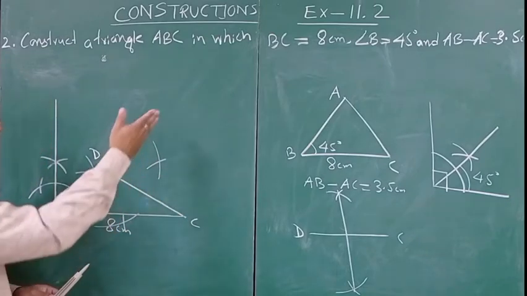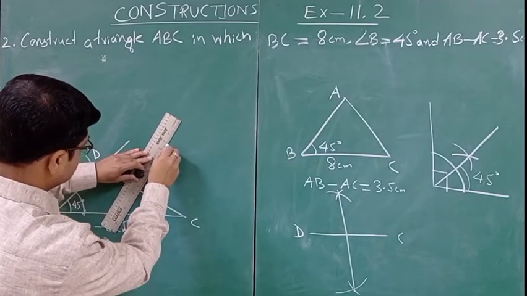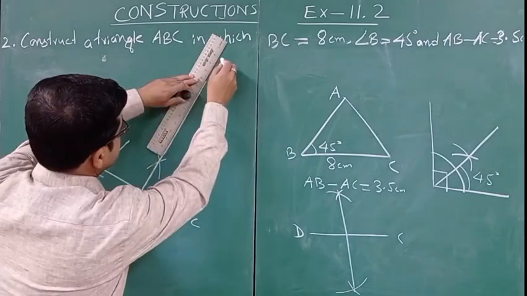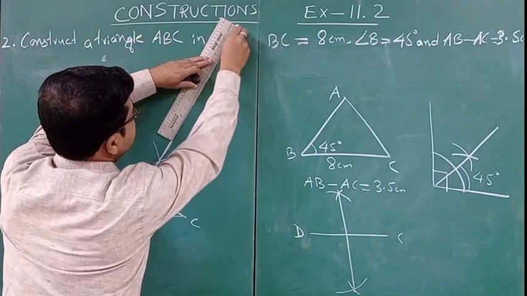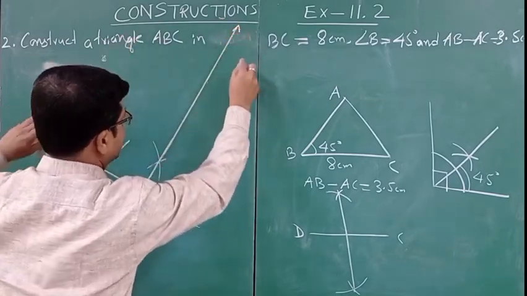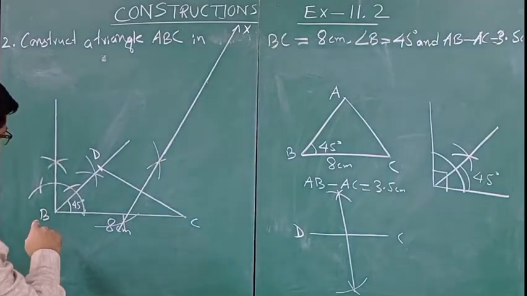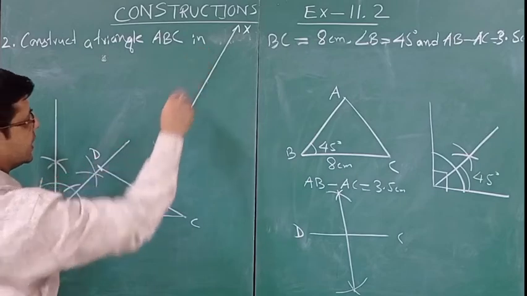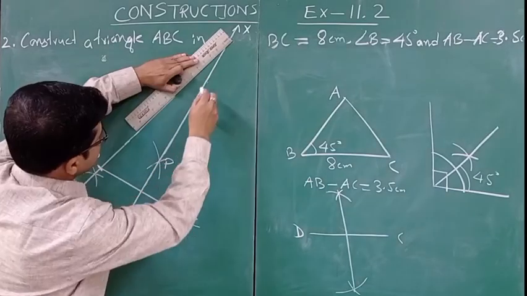Okay, now we shall produce it. Let us join it. Let us produce up to this much. Okay, so this is X. Now what we do, let us produce BD so that it intersects this line. Suppose this is PQ, let us produce it.